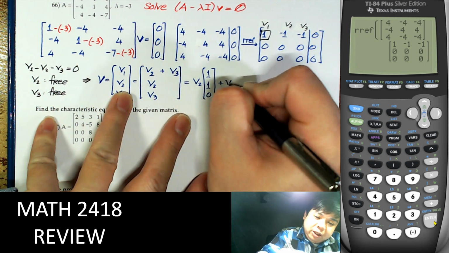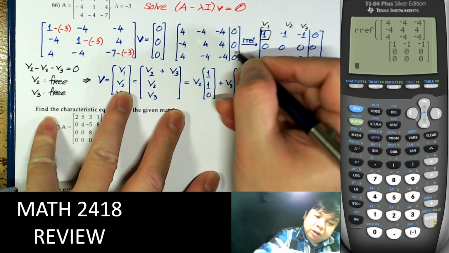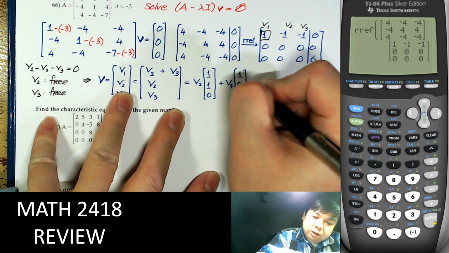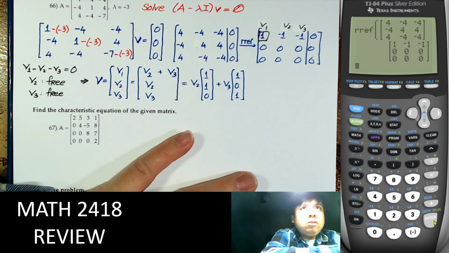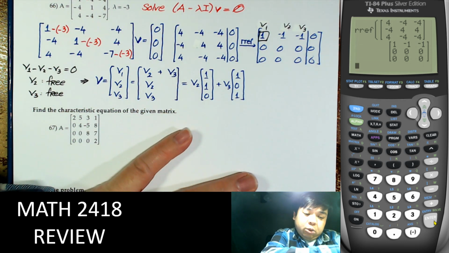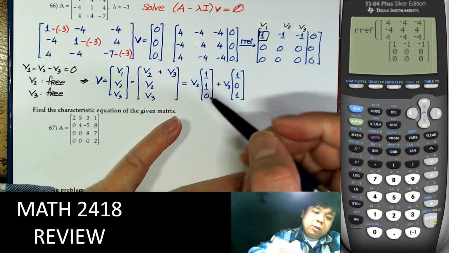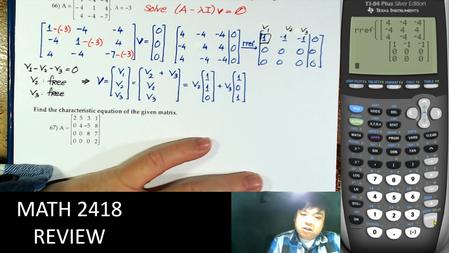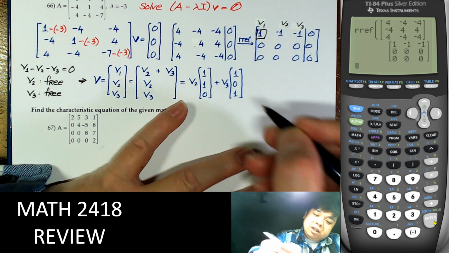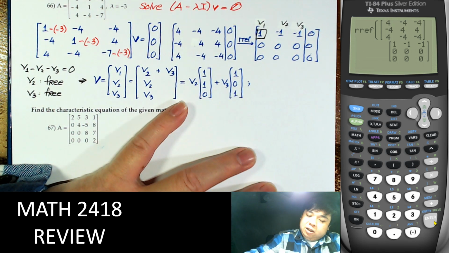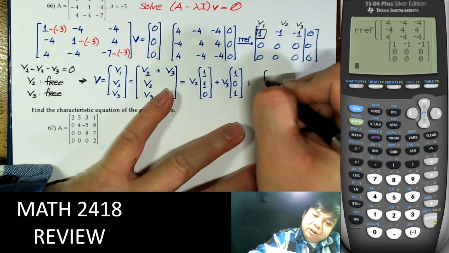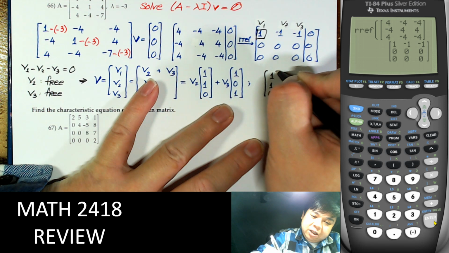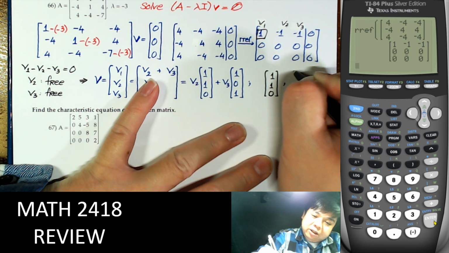For v3 it will be 1, 0 and 1. So with that, we can just use that and that as the vectors, the basis for the eigenspace. So we just have the space that's spanned by these two vectors.